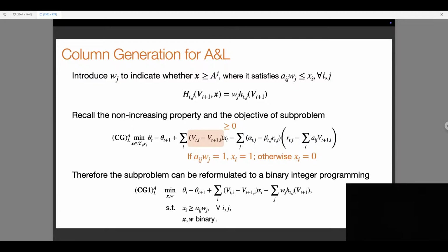So the subproblem now can be reformulated to a bilinear integer programming with this simplified objective function, this constraint for combining the x and w, and finally the binary constraint for these two decision variables.